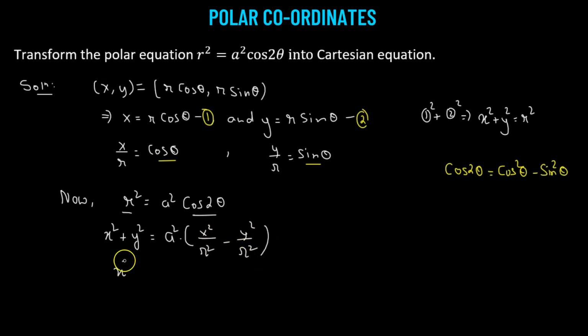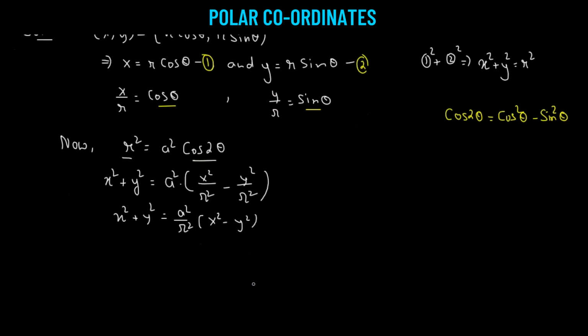So that gives us x squared plus y squared equals a squared over r squared, whole multiplied by x squared minus y squared. Now we'll have to get rid of the r squared, that means write in terms of x and y. So we have r squared multiplied by x squared plus y squared equals a squared times x squared minus y squared.